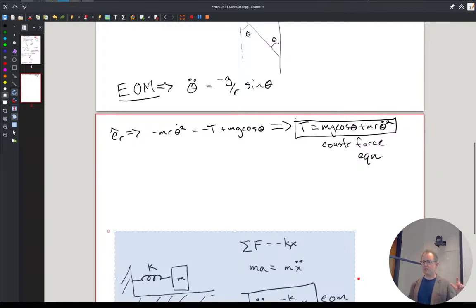That e_r component is giving you tension, which was some unknown force that I didn't know, but now I do. Once I find theta, now I know theta dot and theta double dot, so I have a direct way to calculate how much tension there is.